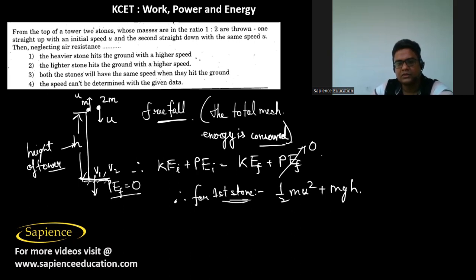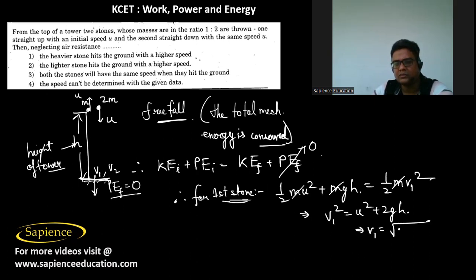So for the first stone, it is half mu square plus mgh. That will be equal to the final kinetic energy for the first stone, that is half m v1 square. So from here m we can cancel out, and v1 square we can write as u square plus 2gh. So v1 will be equal to root over u square plus 2gh.